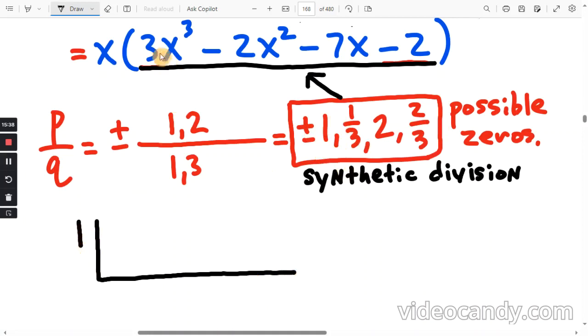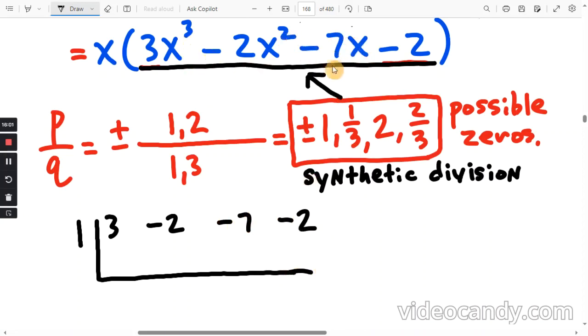And what do we do for this right here? We write out the coefficients in order with the leading exponent first. This is the greatest exponent. We start with a 3, and then a -2, and then a -7, and then a -2. Make sure the exponents count down by 1.